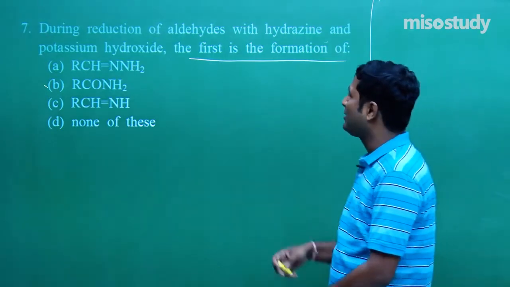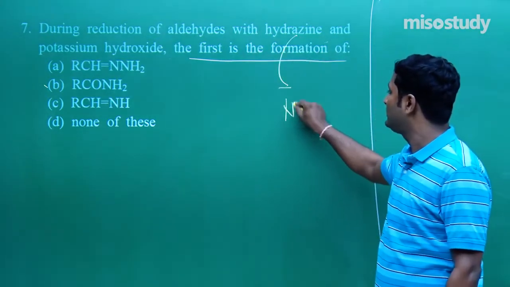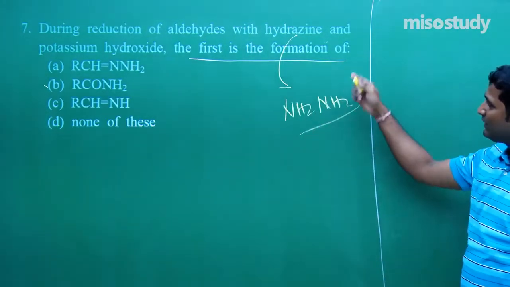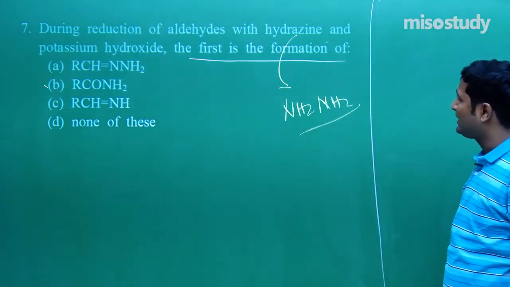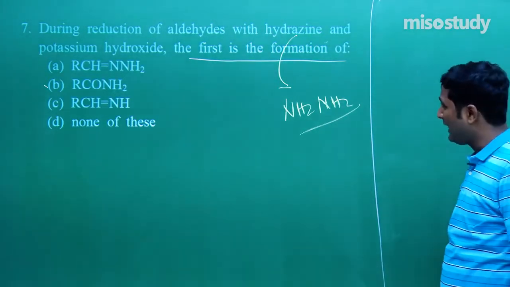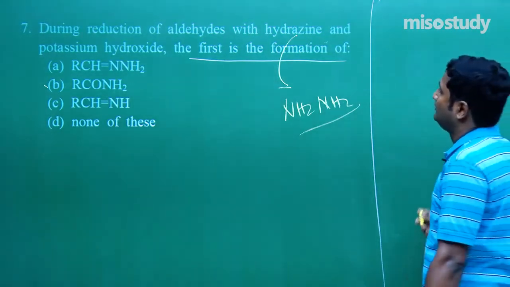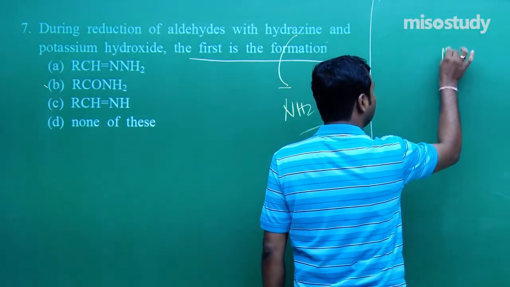During the reduction of aldehyde with hydrazine, what is hydrazine? We know this is NH2-NH2. According to the question, during reduction of aldehyde with hydrazine and potassium hydroxide, the first is the formation of... Write down the aldehyde first. What is an aldehyde?